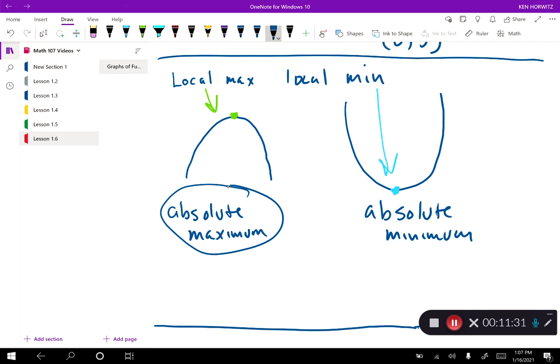Now remember, we're living in the real number world here. So things like infinity and negative infinity are not included in that. If the function goes to infinity, we're going to say for right now that we have no maximum. If the function goes to negative infinity, we're going to say that we have no minimum. Okay?